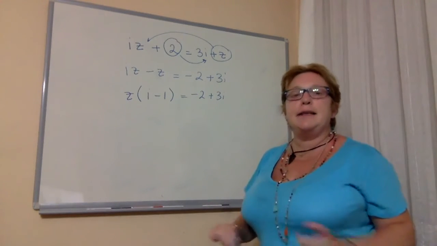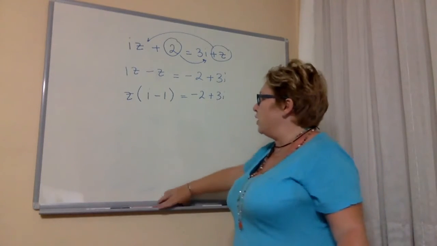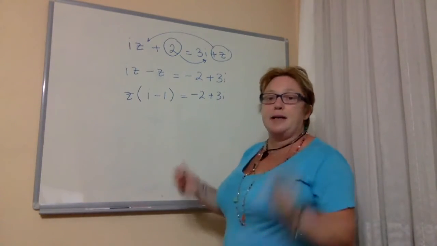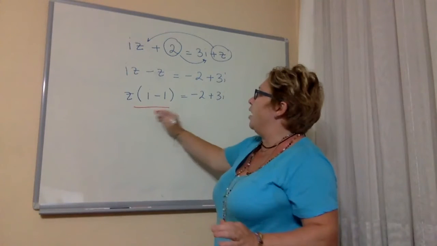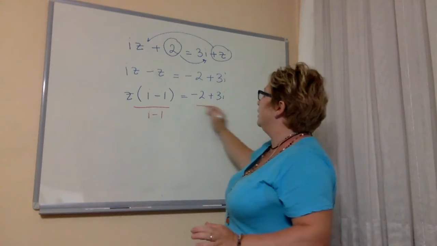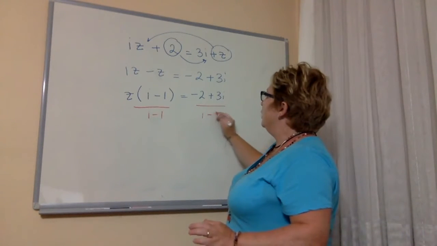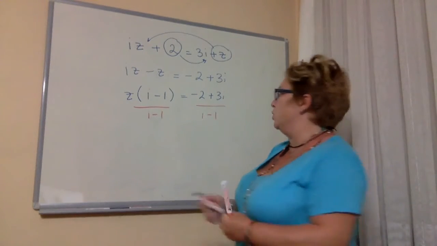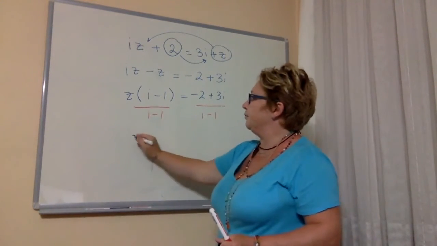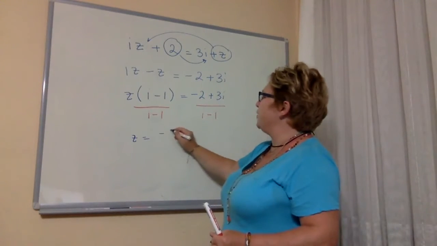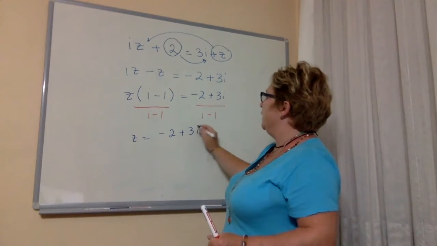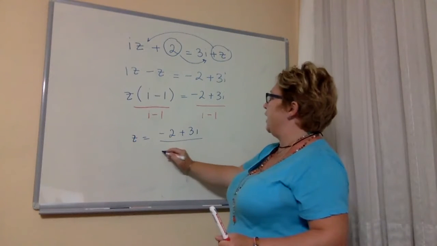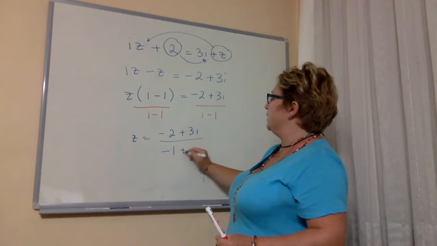And then to isolate the z, I'm going to divide both sides of my equation by i minus 1. Okay, so I'll just have my z equal to minus 2 plus 3i. Let me rearrange this to say negative 1 plus i.